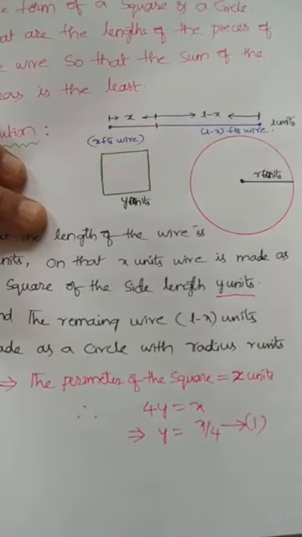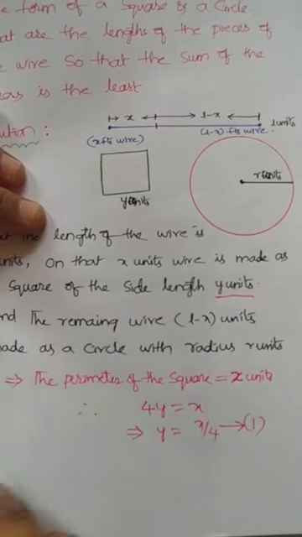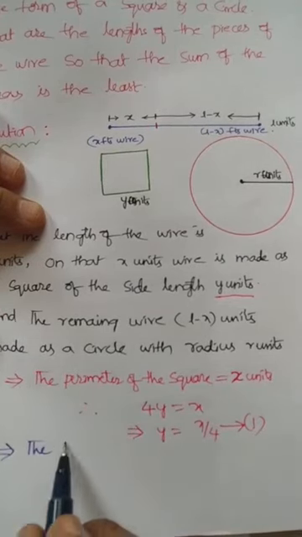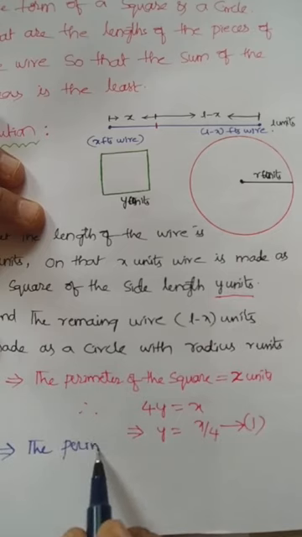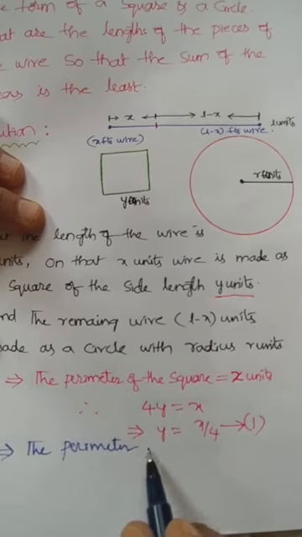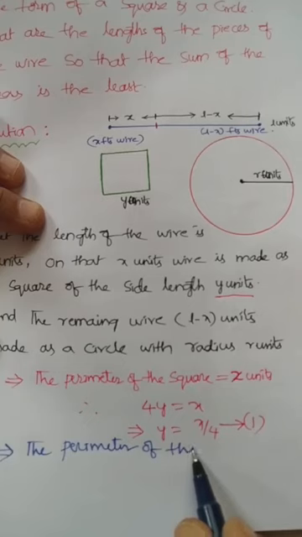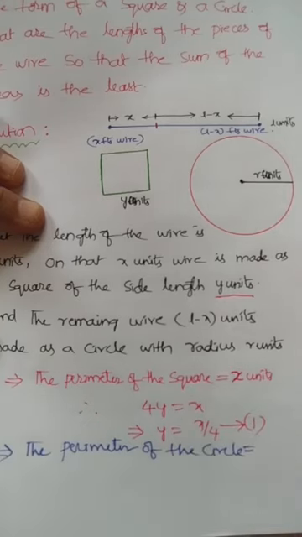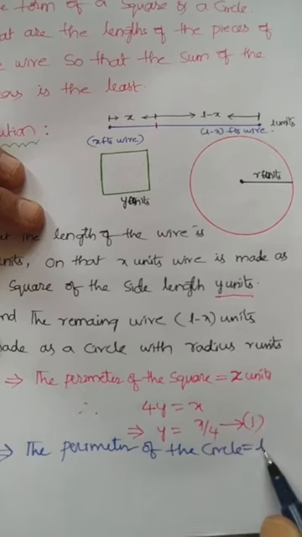Now it implies the perimeter of the circle is equal to L minus x units.